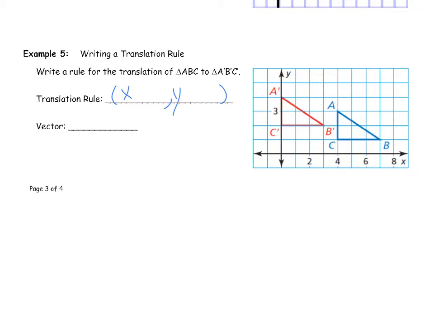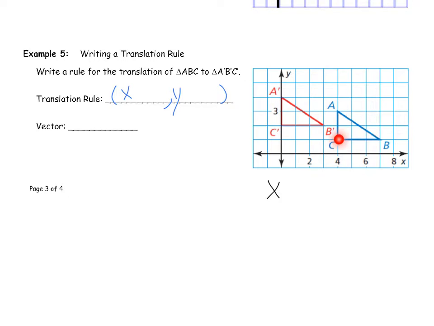All right, so this example, we're writing a rule now for the translation. So we're going from the blue, which is the original or pre-image, to the image, which is in red. So the question is, how did these points move, essentially is what we're looking for. So first let's look at our x value. How did the x value move? So pick a point and work with one point, okay?